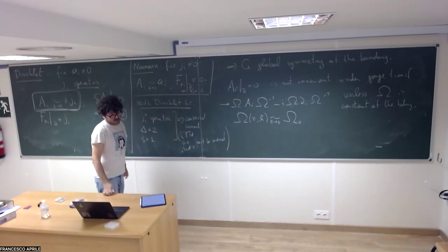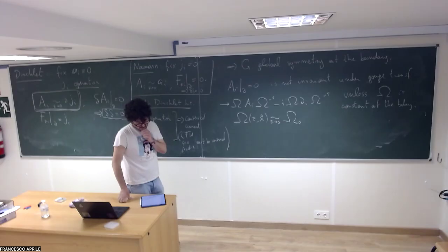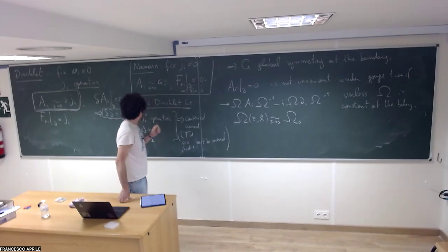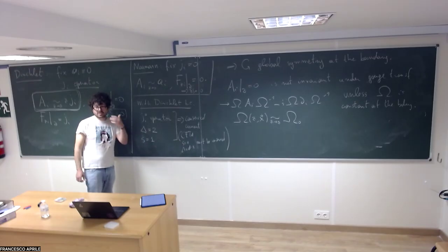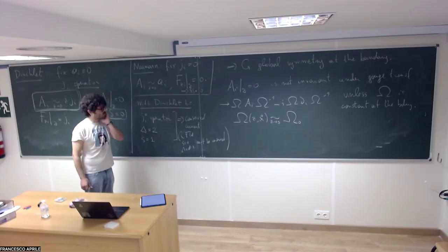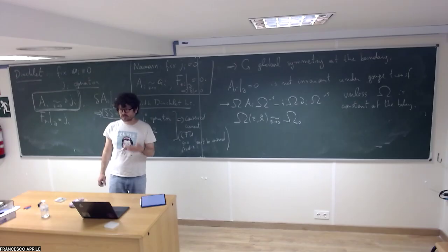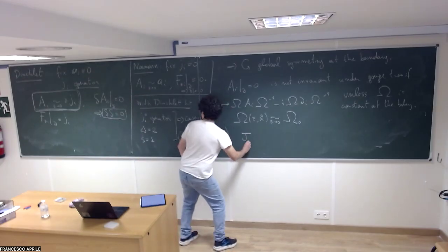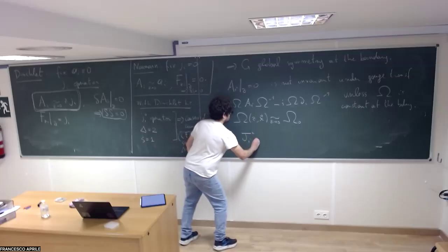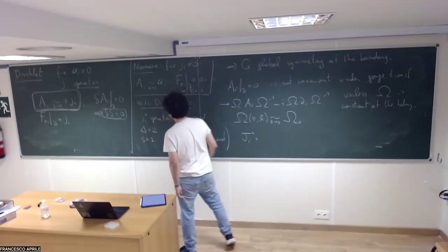Just one comment. I won't go into these details because otherwise I will not have time to do anything else, but if you want your current to be normalized in the usual normalization that gives you Ward identities, a small comment is that you need to rescale.